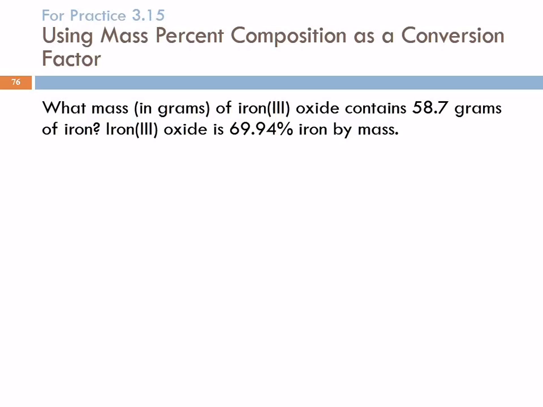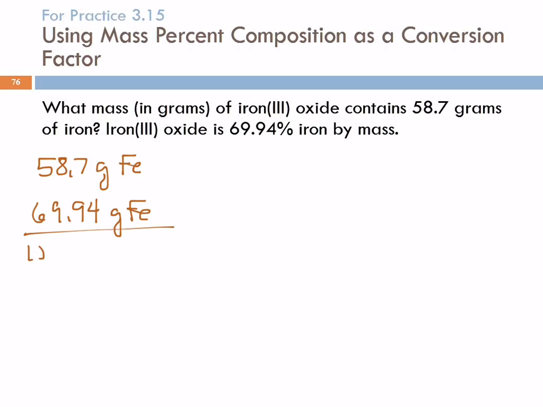So let's write down the numbers that we were given. 58.7 grams of iron and 69.94% iron by mass. So that's 69.94 grams of iron per 100 grams of iron 3 oxide.